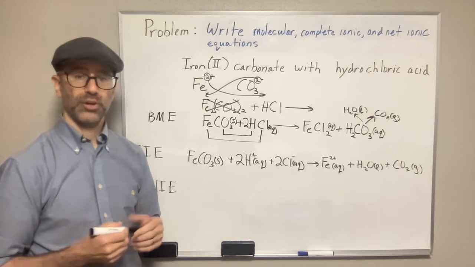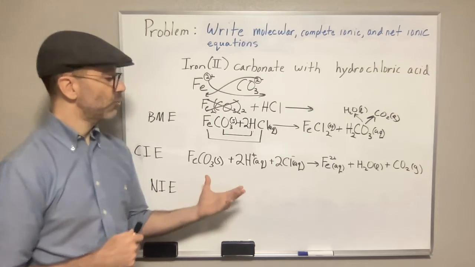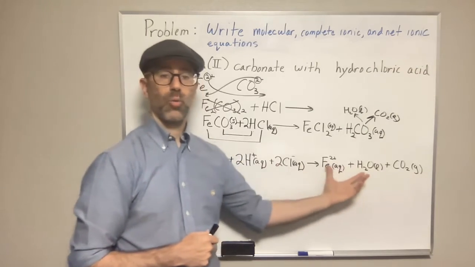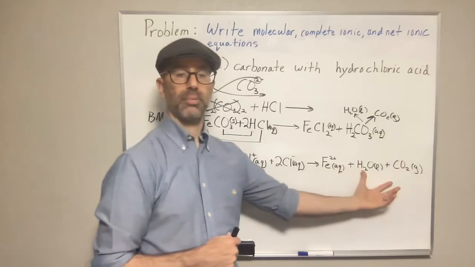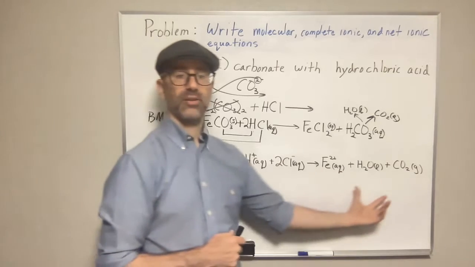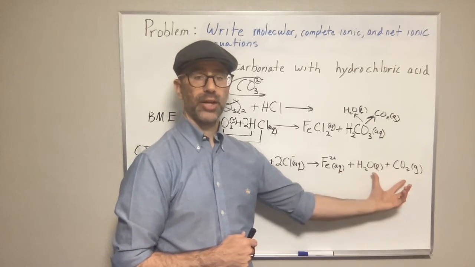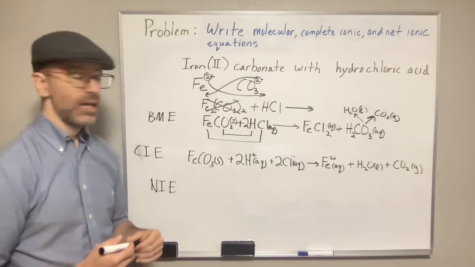There's a couple ways you can identify these spectator ions. The first way is to go to the products and see what over here participated in forming the product. If something over here is participating in the making of the product, then it is not a spectator ion. You want to keep that.